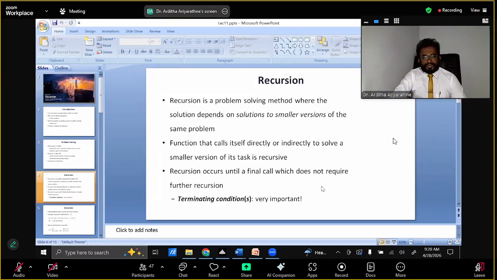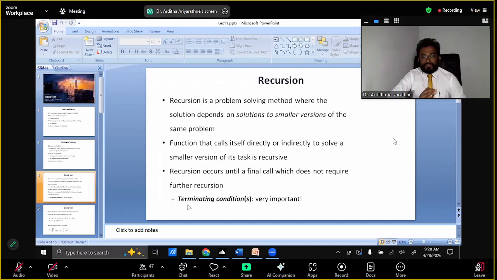And the other thing, students, we need to apply some terminating conditions. It's very important. Otherwise, if we forget to apply terminating conditions, what happens? We are calling the function again and again. There is no limit, no stopping point. We are calling again and again and again. It goes to infinity. Infinity means no limitation.